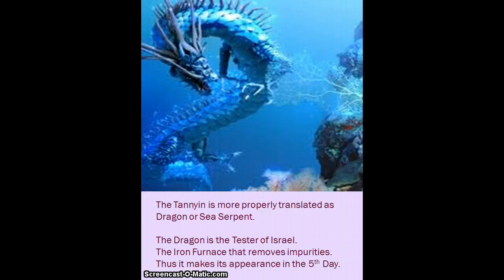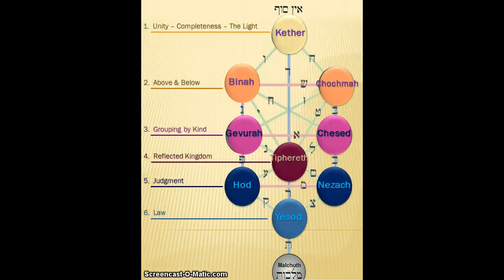And as we see here, here's the depiction of the dragon, and it's the tester of Israel, is the iron furnace, and it is quite proper that it appears on the fifth day of judgment.